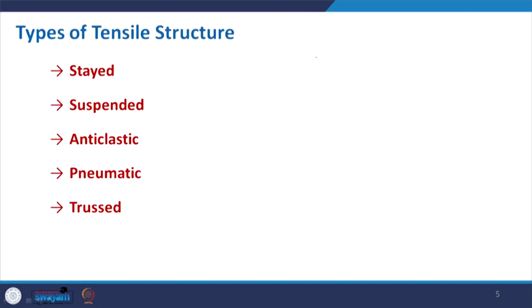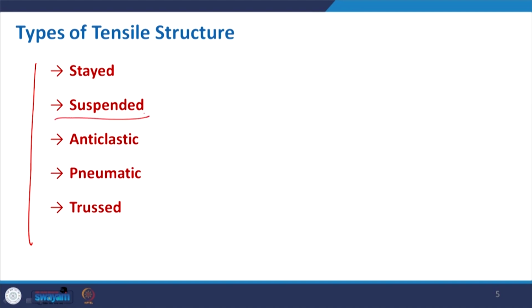Based on that principle, how it is supported and how loads are carried, tensile structures are classified into five categories. One is the stayed cable. The other one is the suspended; the initial picture of the bridge that I showed is of the suspended category.